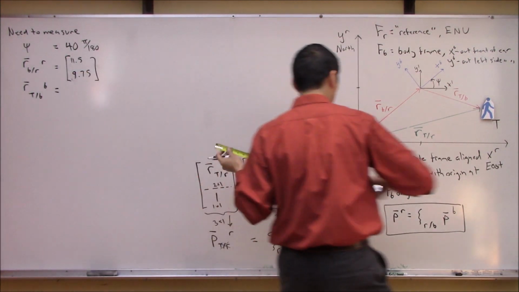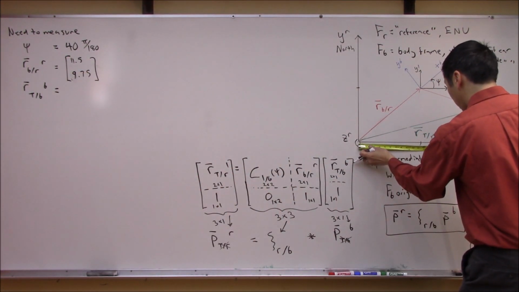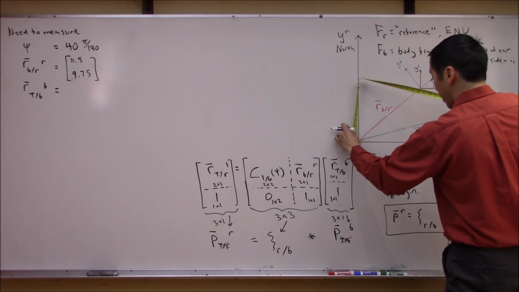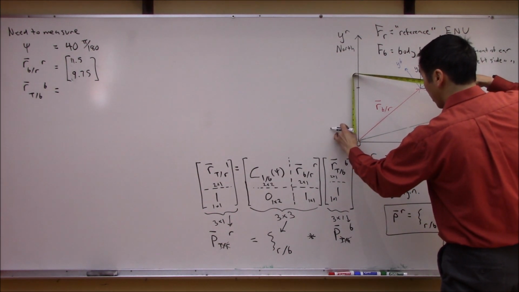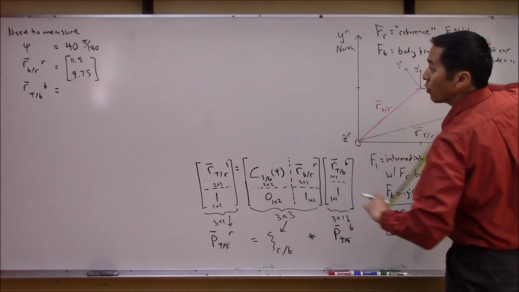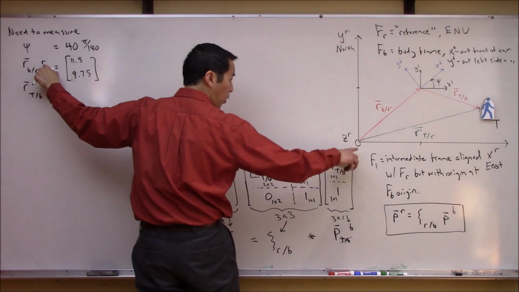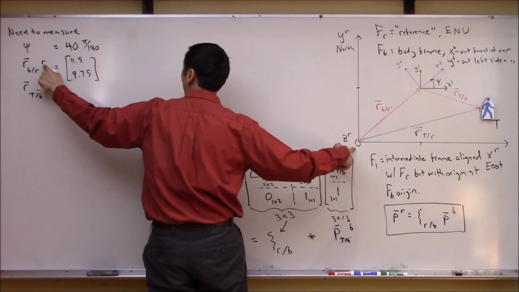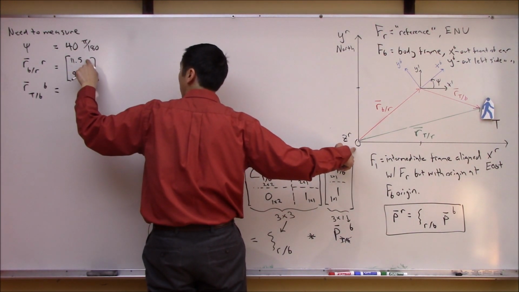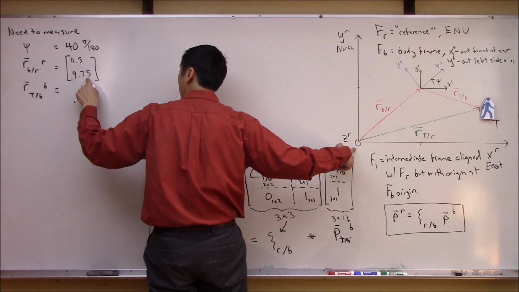Let me double check that. I want to make sure I get the numbers right because this is going to matter later on when we make our measurements. Yes, that's 11.5, and this is 9.75. Good. And again, this is because I want to express it in the R frame. That's why I measured relative to frame FR. So here's how far you go in the XR direction, and here's how far you go in the YR direction.